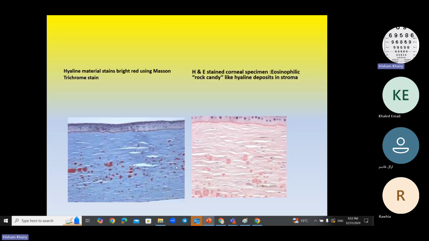If the patient had a penetrating keratoplasty and the corneal tissue was taken for histopathology, this material stains bright red using Masson trichrome within the stroma, or with hematoxylin and eosin looks like rock candy. Rock candy is like large crystals of sugar.